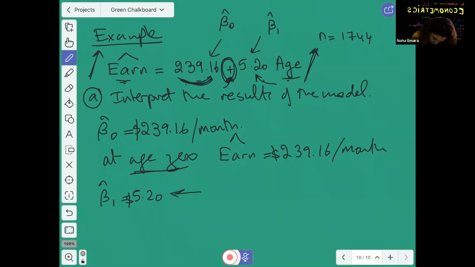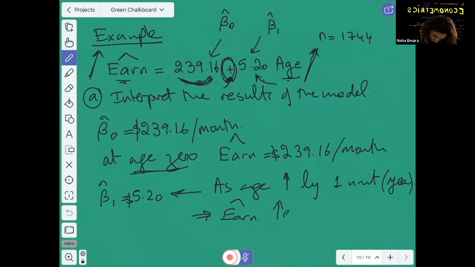This is saying that as age increases by 1 unit, and the unit here is a year, the estimated earnings, or earnings hat, increases by $5.20. So each additional year in the person's age increases the amount of estimated earnings by $5.20.